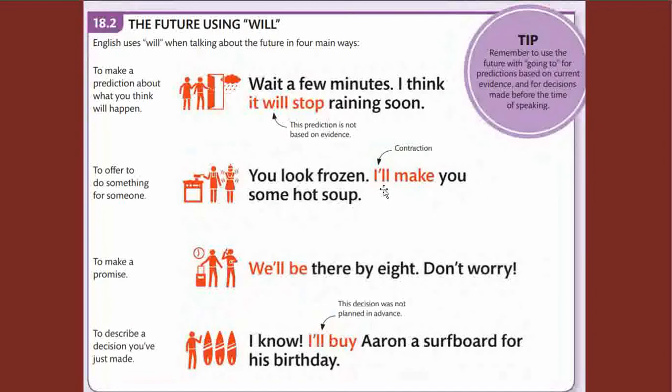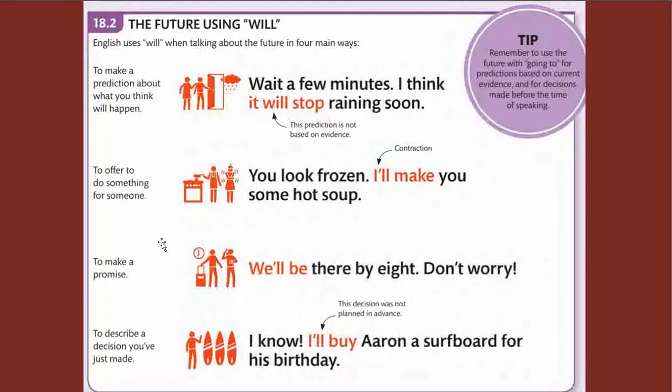This is used for spoken English. When you consider the difference between spoken English and academic English, academic English prefers that you use will in the full form, that means the expanded form. Whereas for talking or spoken English, you can contract it to I'll because that is convenient for talking.